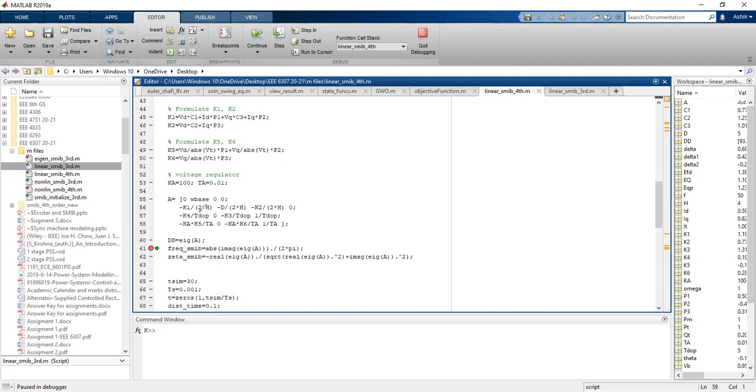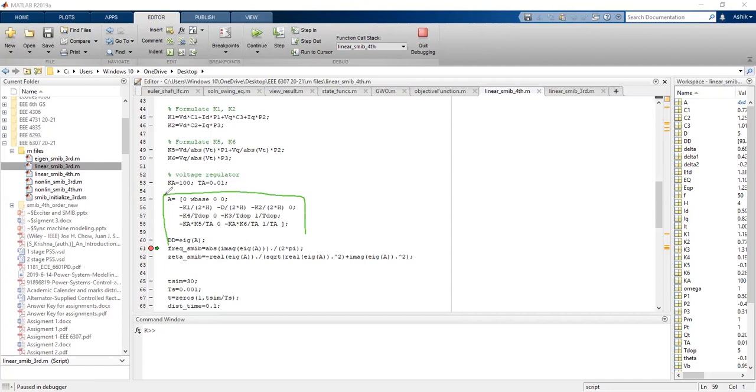So what we would have to do next is improve the stability of this A matrix, where we have incorporated the exciter. This is the exciter block. Incorporation of the exciter provides some negative damping to the system.